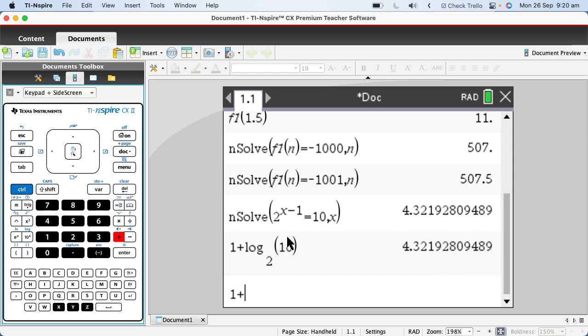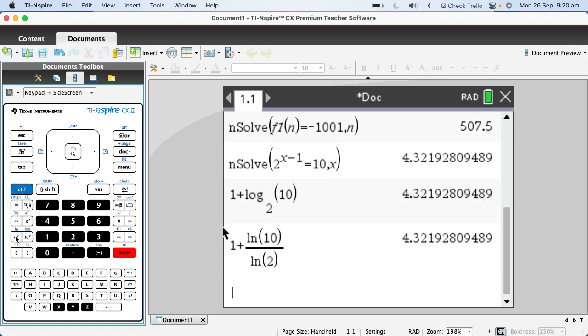So I can go 1 plus, for example, ln. You've got an ln button on your calculator and a log button on your scientific calculator. You might not have a log base on your calculator. So I can go ln 10. Remember, ln is natural log, base e, over ln of 2.